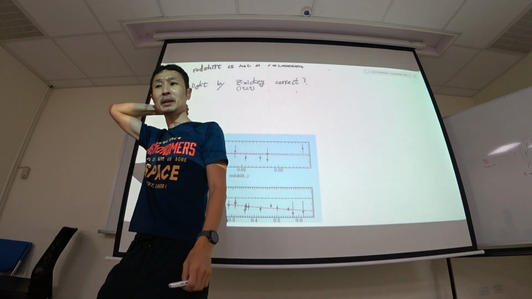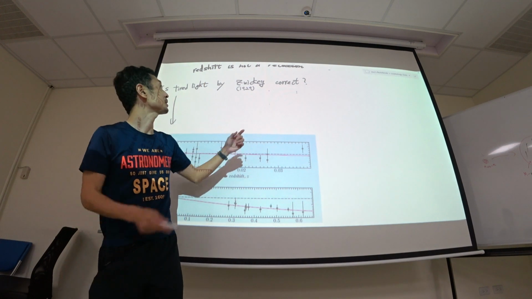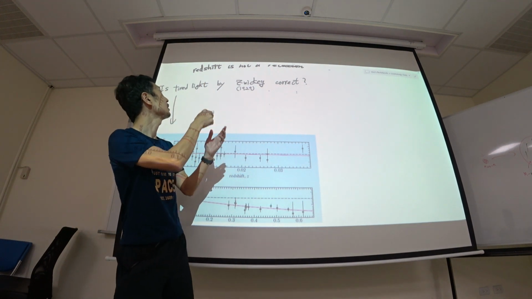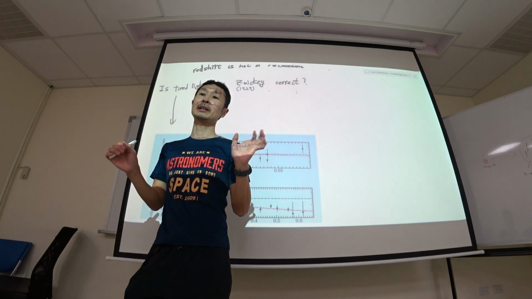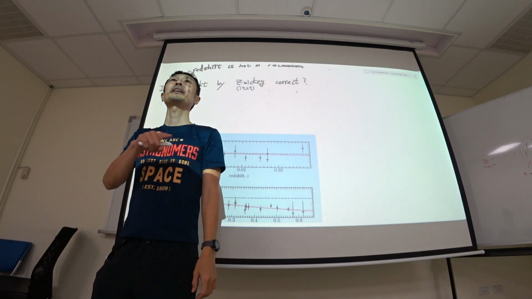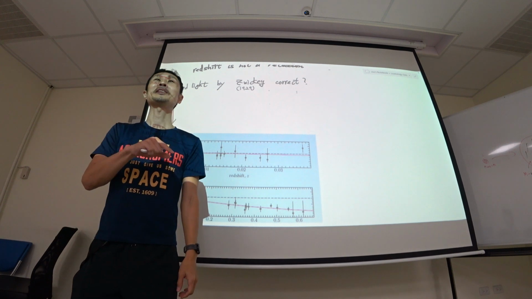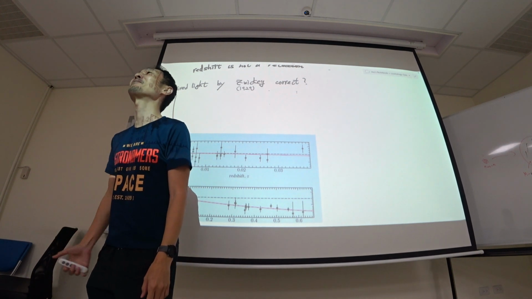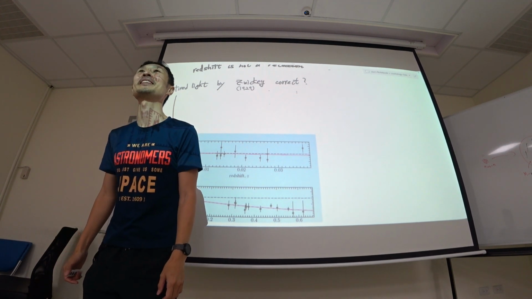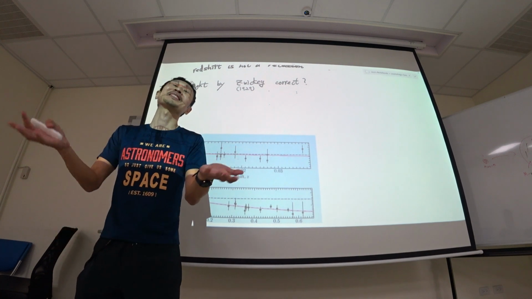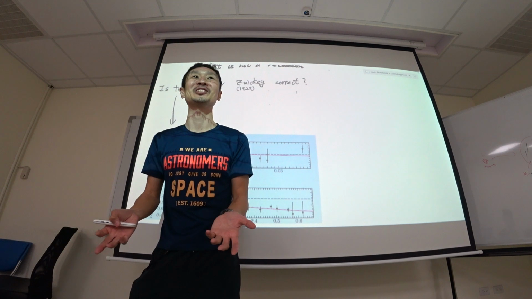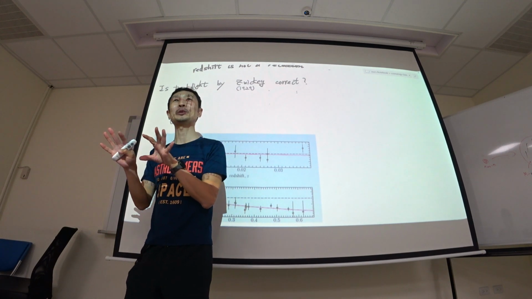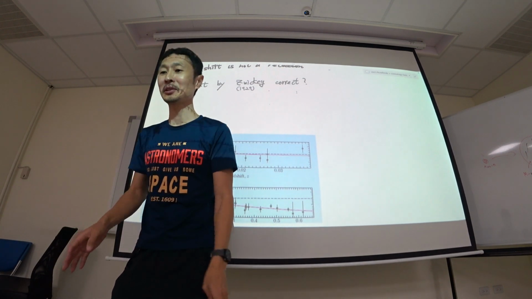Then this guy, Zwicky, the famous one who discovered dark matter, came up with a hypothesis: the light might get tired when it's traveling a very long time. Maybe some people are laughing because we know it's not true, but at the time, people were seriously thinking about this kind of story.